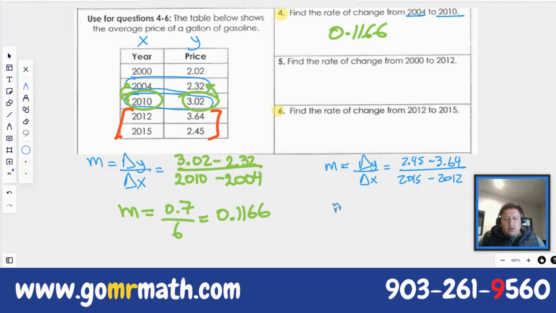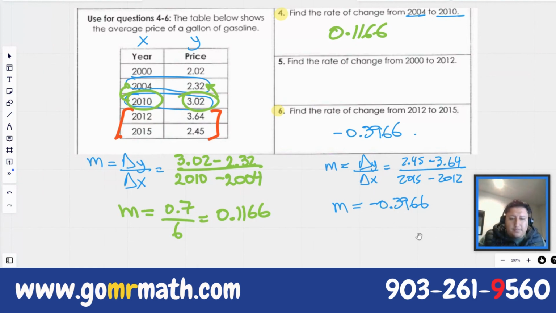So our slope is 2.45 minus 3.64, which is where this negative number gets created, divided by these 3 years, 2015 minus 2012, and this is negative 0.3966, basically 40 cents. That is the rate of change from 2004 to 2010 and the rate of change from 2012 to 2015.